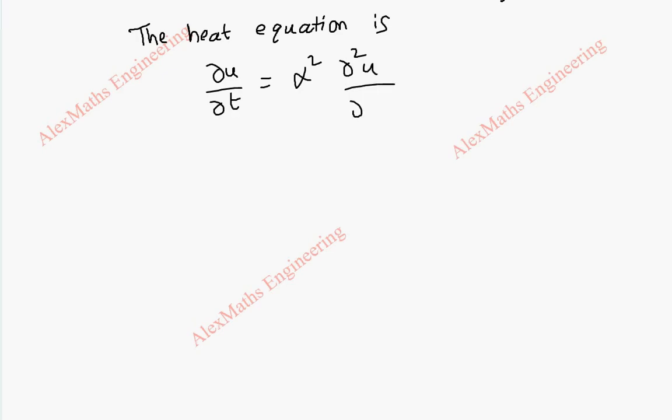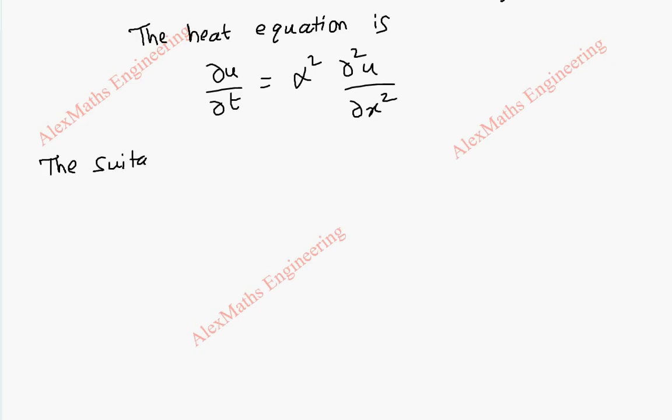The heat equation is ∂u/∂t = α² ∂²u/∂x². Now we have a suitable solution for this.